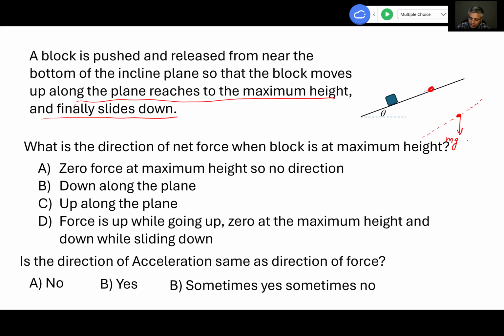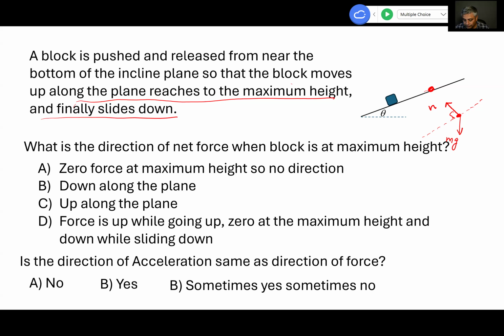And then since it is on a surface that is inclined, there is going to be this normal force perpendicular to the incline. See here, it makes 90 degrees to the incline. That's the meaning of normal force.